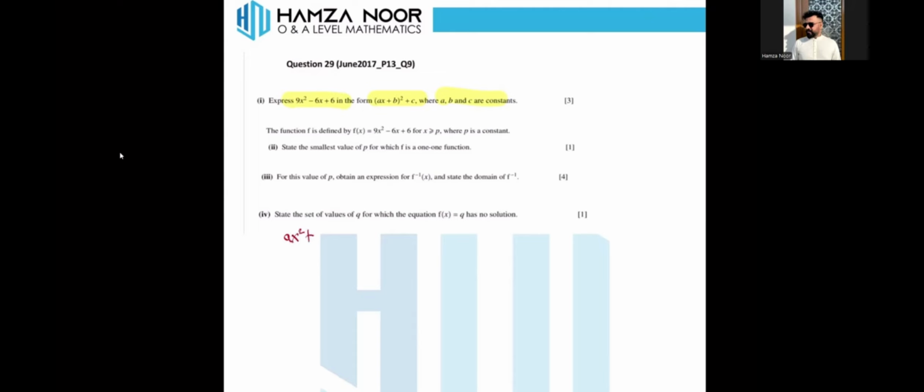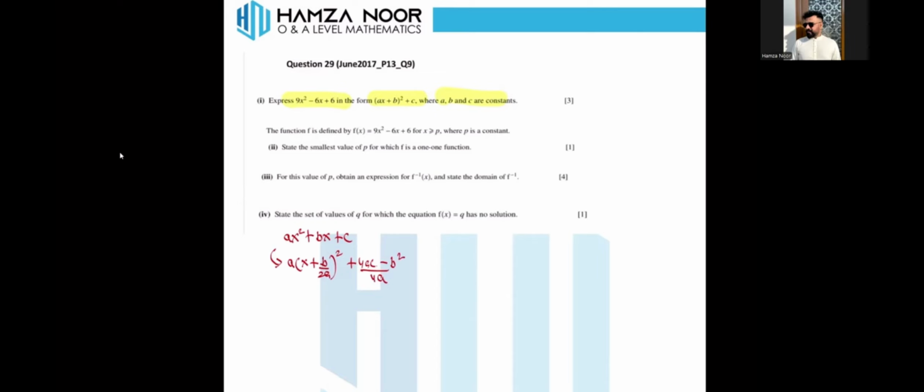Okay, so first thing first, we have an expanded form ax square plus bx plus c. And in order to convert this expanded form into a completing square form, basically my approach is to use this formula, which is a times x plus b over 2a whole squared plus 4ac minus b squared divided by 4a.